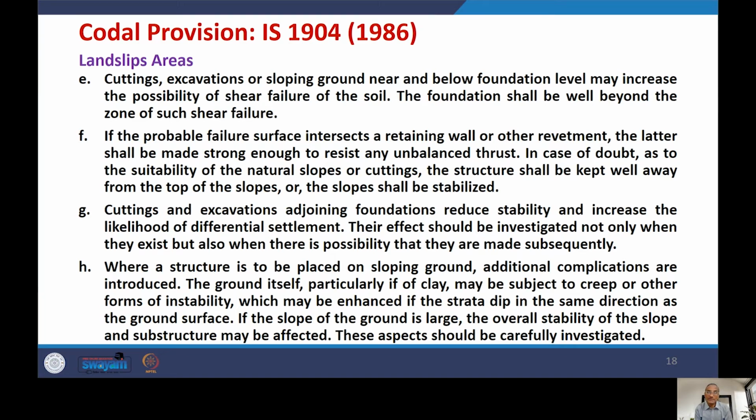If the slope of the ground is large, the overall stability of the slope and substructure may be affected, and these aspects should be carefully investigated. All these issues have already been given in IS code 1904. So if you have a copy of that, you can go through it, or otherwise you go from here.